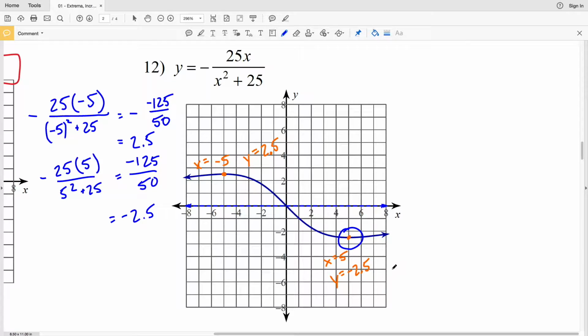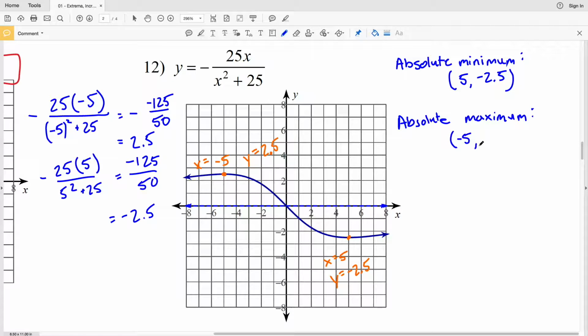And at (5, -2.5), that is the lowest point on the entire graph, so that's an absolute minimum. Again, because this was a relative maximum and the highest relative max, (-5, 2.5) is the absolute max, and because this was the relative min and the lowest relative min, it's the absolute minimum, (5, -2.5).